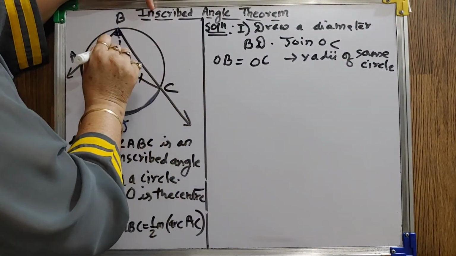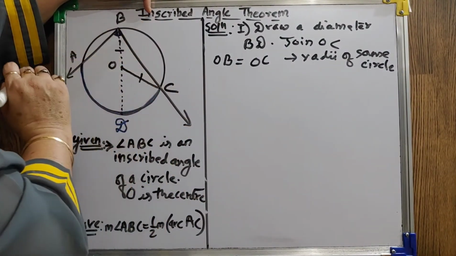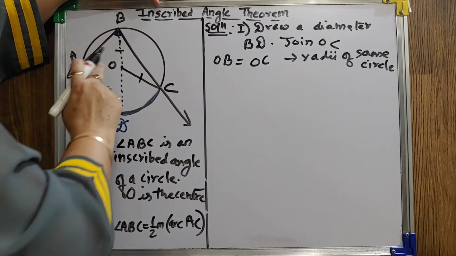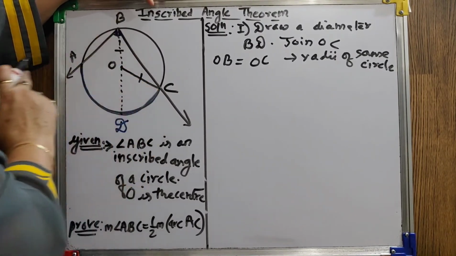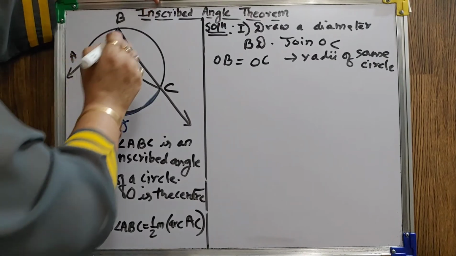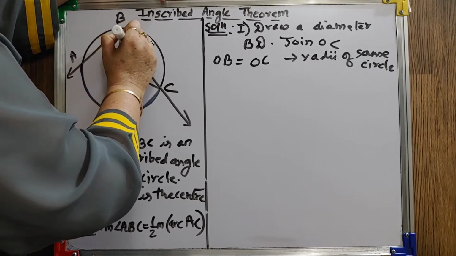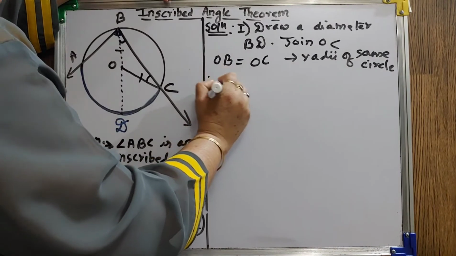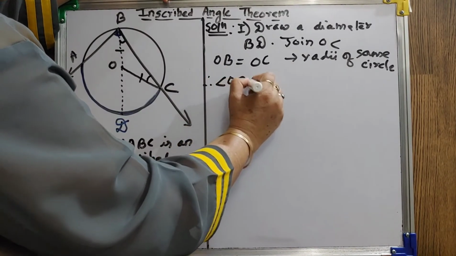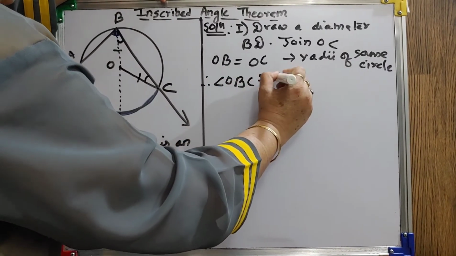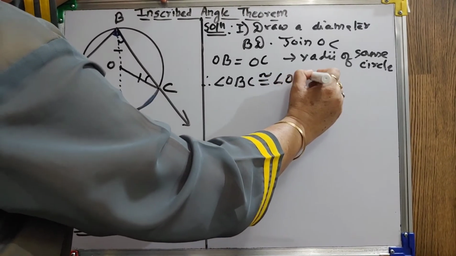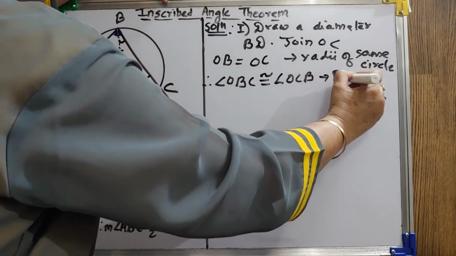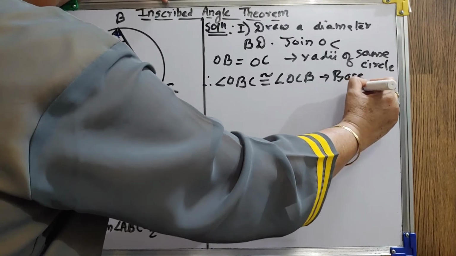If two sides of any triangle are congruent, it is an isosceles triangle. So this triangle OBC is an isosceles triangle. So both the base angles are congruent. Therefore angle OBC is congruent to angle OCB. The reason for this is base angles.